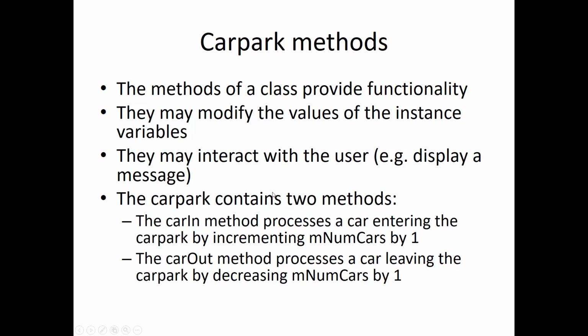So we've got the carIn method, which allows us to demonstrate that the car has entered the car park, and it adds or increments 1 to the value of mNumCars. And then we've got the carOut method, which does the opposite. It allows us to process that a vehicle's actually left the car park, and it decreases the value of mNumCars by 1.